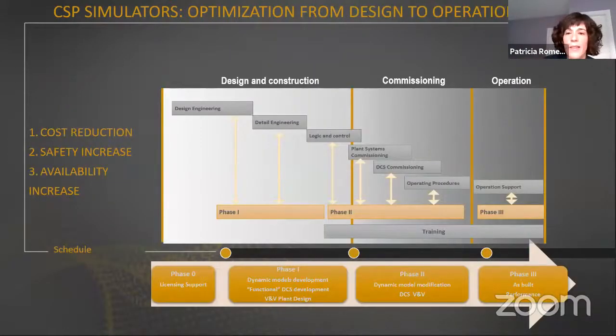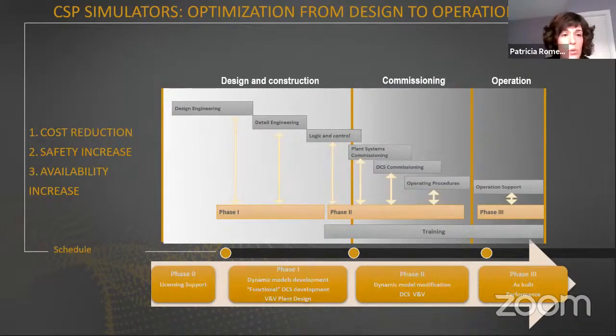Okay, at last, our conclusion is that the evolution from an engineering simulator to a training simulator is a very natural process that allows us to take full advantage of the development already carried out. A simulator can support all the life cycle of the plants, not only covering from the design till the operation, but also when plant modifications happen.